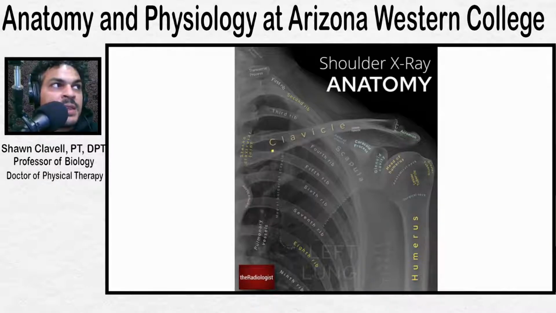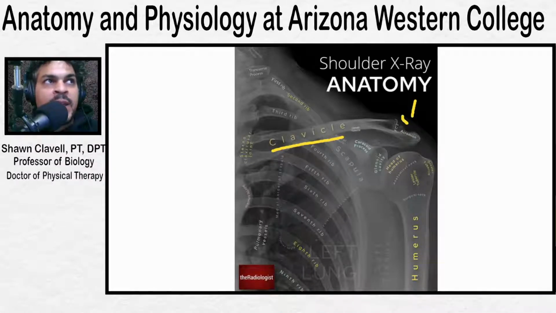So we can see this feature right here, that's the clavicle, that's my collarbone. If I start proximally from my collarbone, that's my sternum. And if I follow the clavicle out to the side here, you'll find your AC joint, your acromioclavicular joint, that little point at the top of your shoulder there.